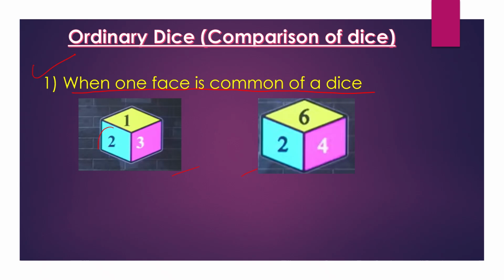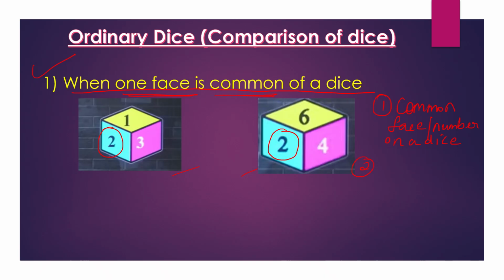So 2 is common, correct? You can see 2 is common. So when one face or one number is common in the dice, first you need to find out the common face or number on the dice.